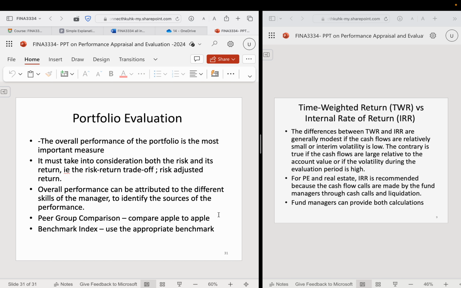For a principal protected note, this is a zero coupon bond plus call options.